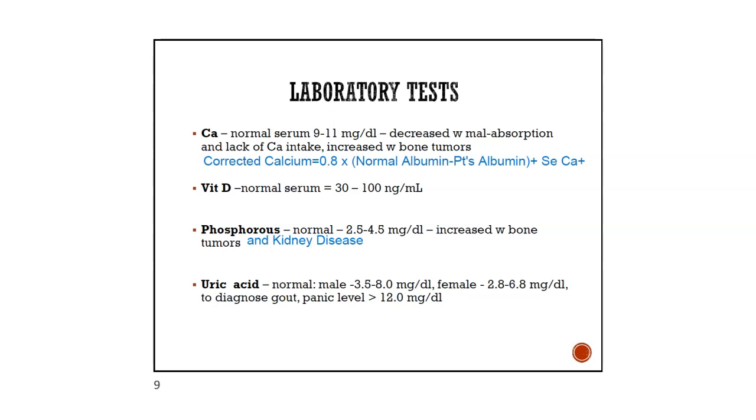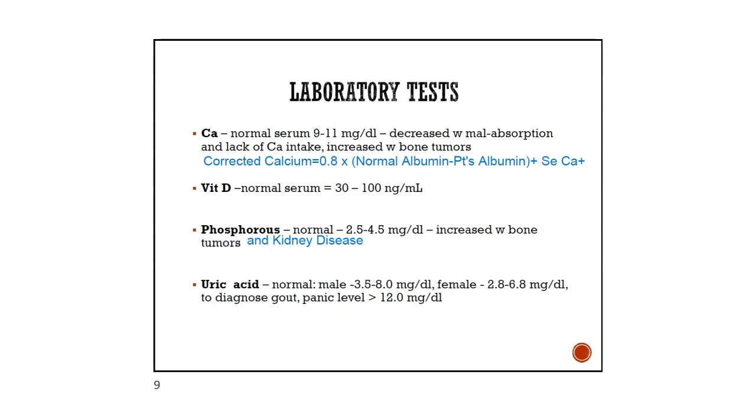So corrected calcium is basically a calculation that we do in order to determine our real calcium levels when albumin is low. Corrected calcium is calculated by multiplying 0.8 times whatever the normal albumin level is in your hospital, whether it's 4 or 5, minus the patient's albumin level, plus the patient's serum calcium level.